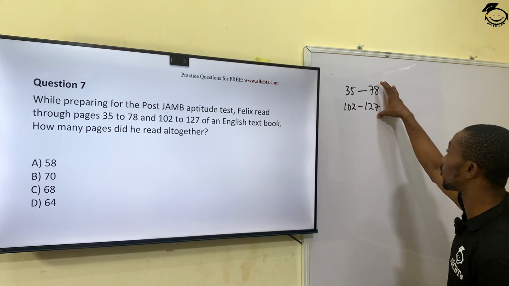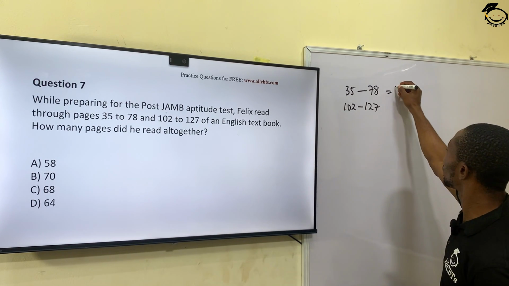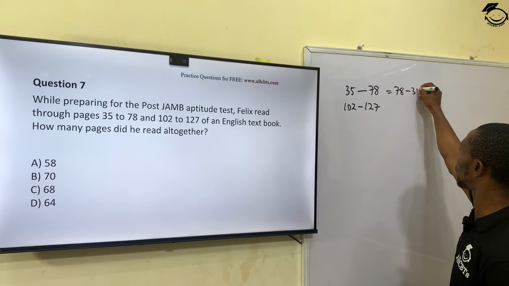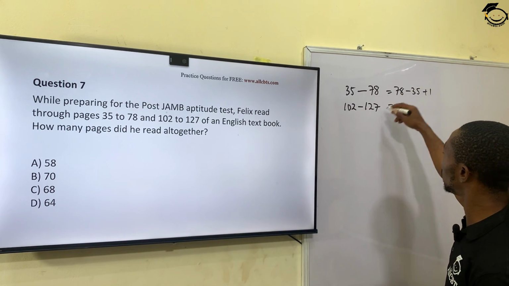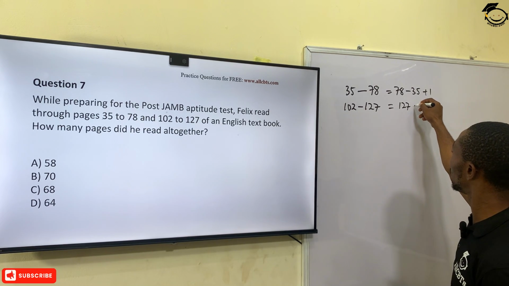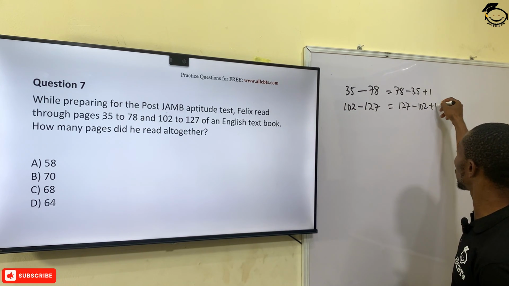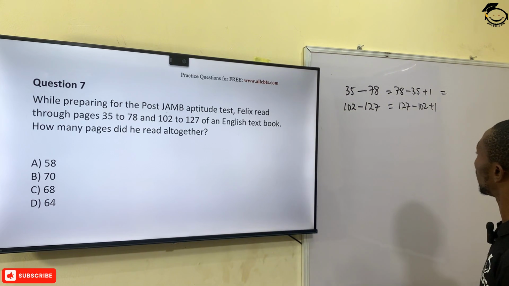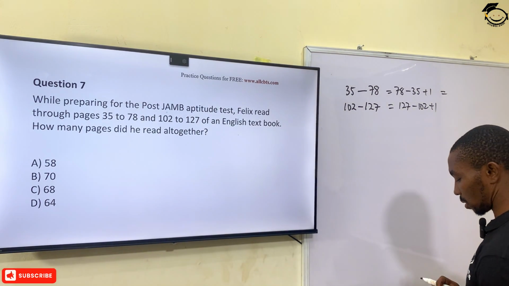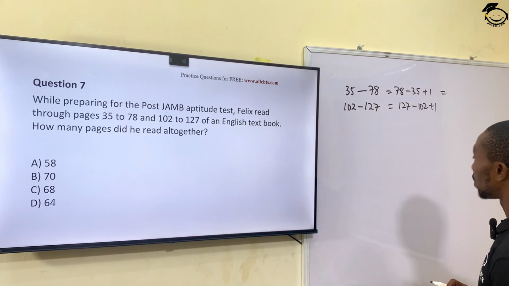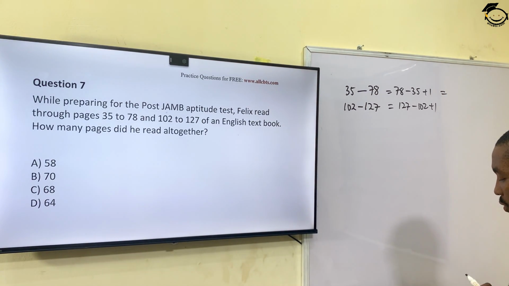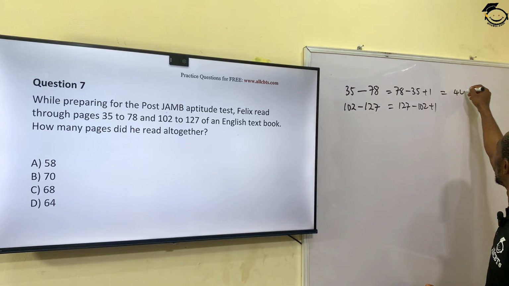Now, to get the number of pages, we will do 78 minus 35 plus 1. All right, and this we will do 127 minus 102 plus 1. So this will give us 78 minus 35, 43 plus 1 will give us 44.